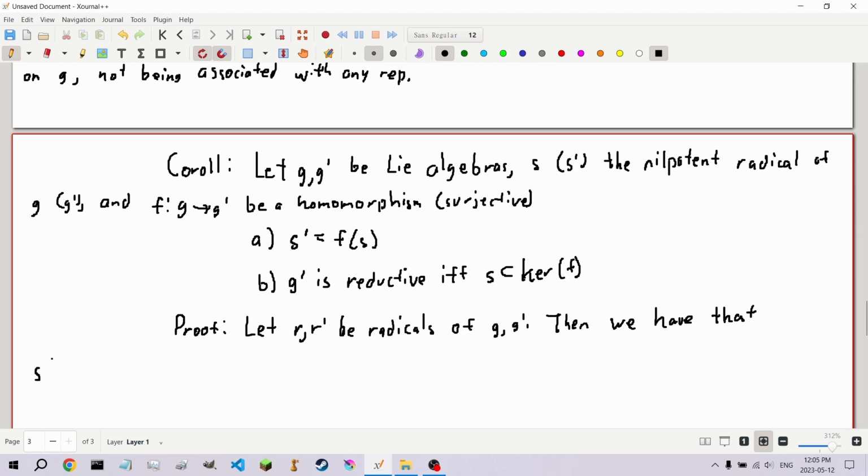The nilpotent radical of G prime is the bracket of G prime with its radical, which is equal to the image under F of G and the image under F of its radical, which, since F is a homomorphism, we can bring to the front of the bracket, which is then definitionally S. And we are done.